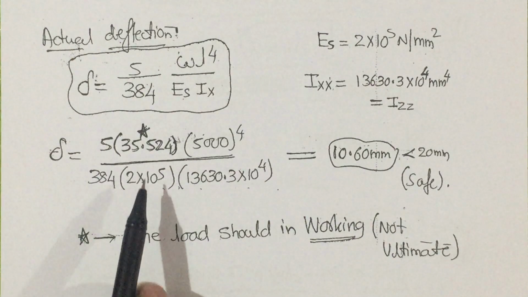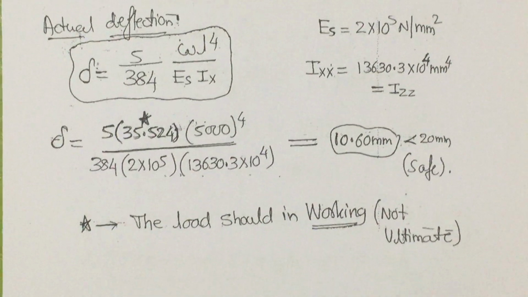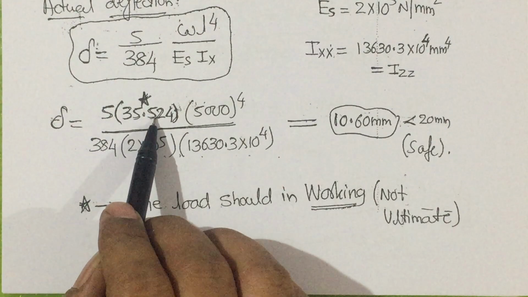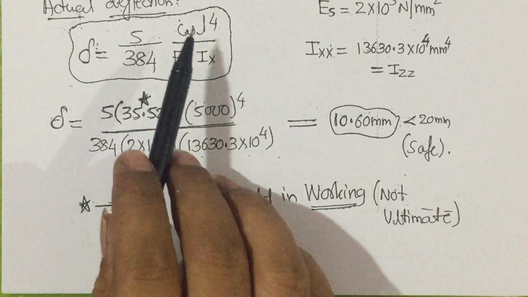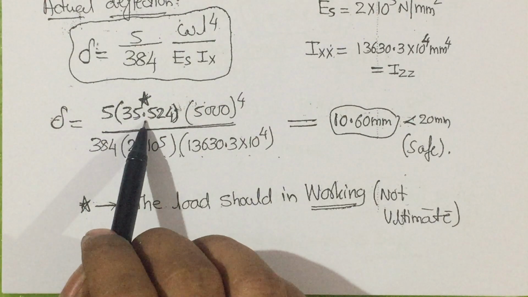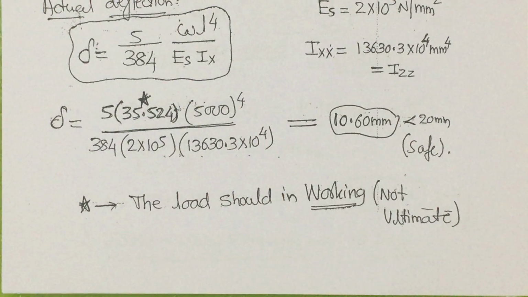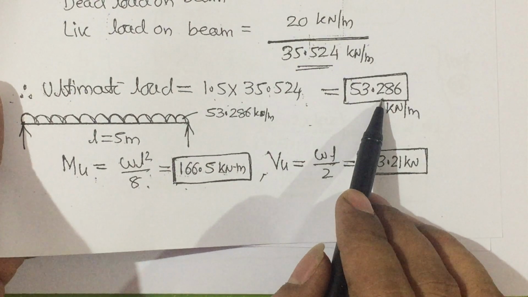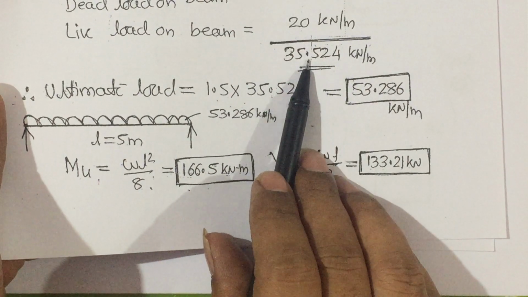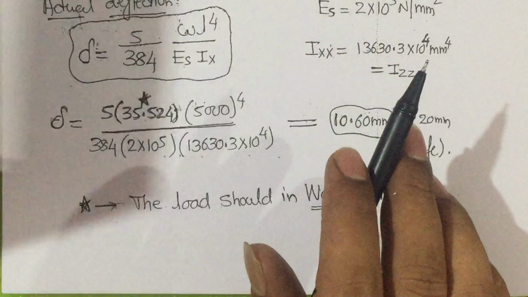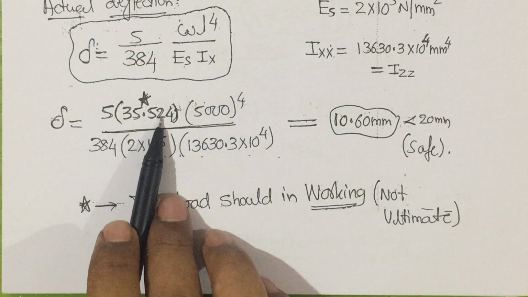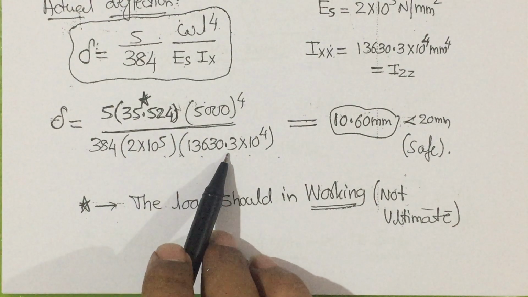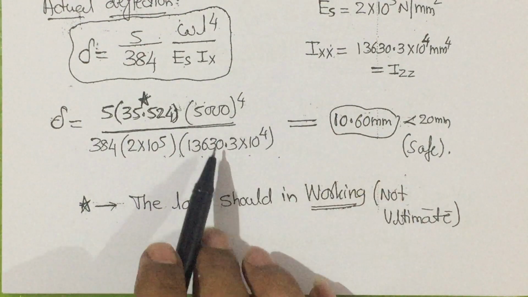So, substitute these values, 5 by 384 into W. Here in place of W, you need to substitute the working load only, not the factored load. This is the factored load, but this one is the working load. You need to take the working load only. So, working load multiplied by length, then E is 2 into 10 to the power 5, and the I value we got from the steel table.